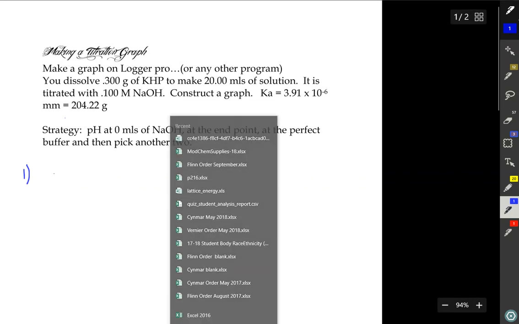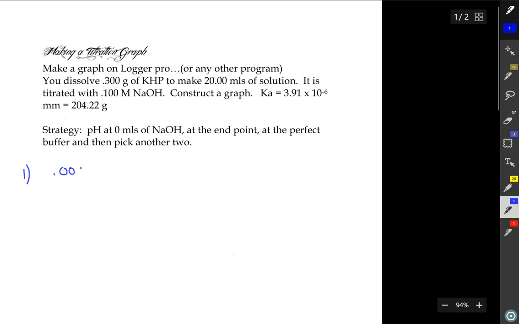I get 0.00147 moles, and that's the moles of KHP. If I divide that by 0.020 L, I'll get 0.0735 molar. And that's what I'm going to start off with.